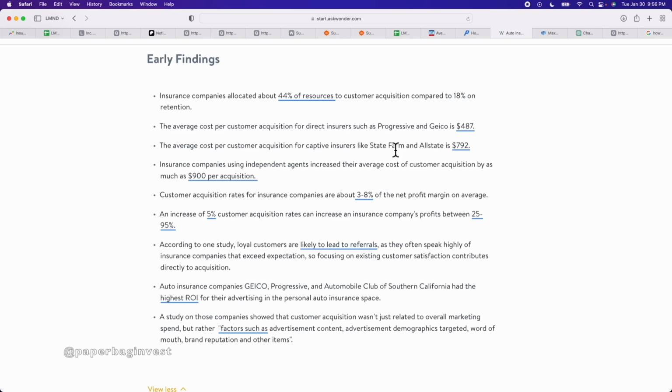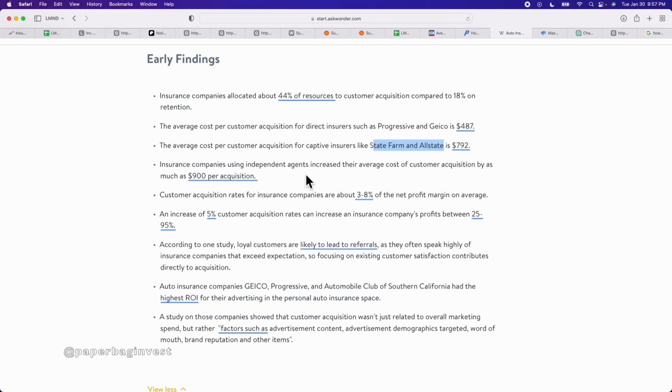I did find one study that had looked at the customer acquisition costs for legacy insurance companies, and if it was direct insurers such as Progressive or Geico, it was around $500 per customer, so $487 per customer. And it said for captive insurers such as State Farm and Allstate, a little bit higher, $792, close to $800.